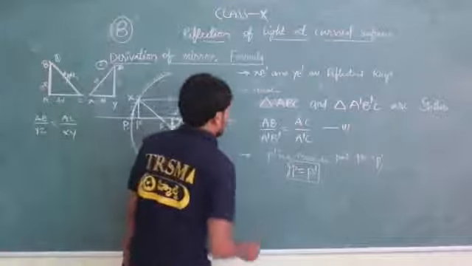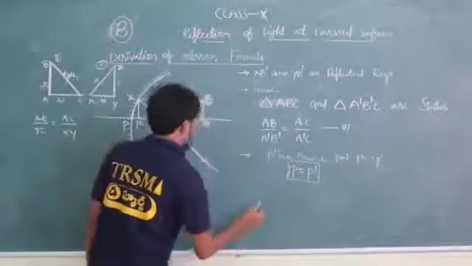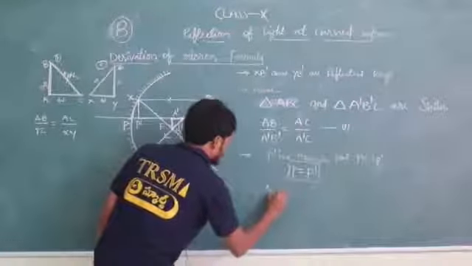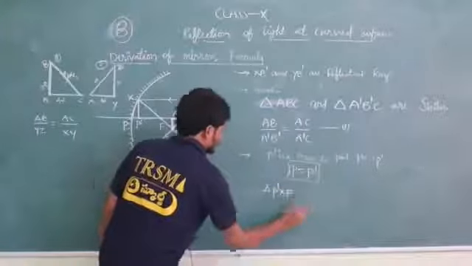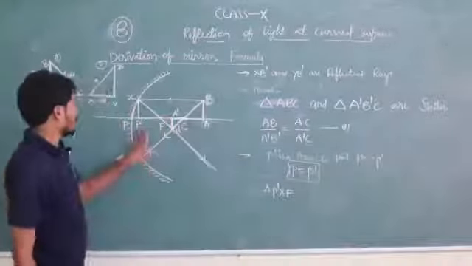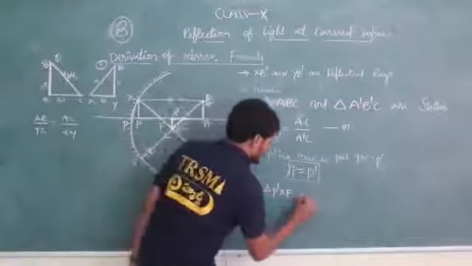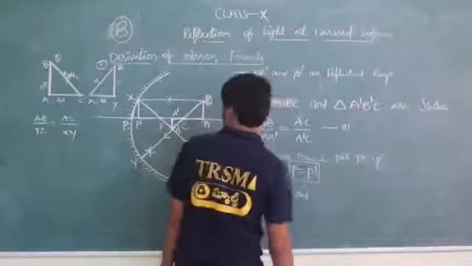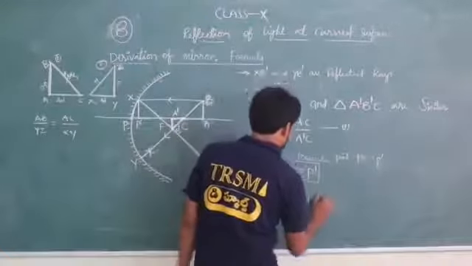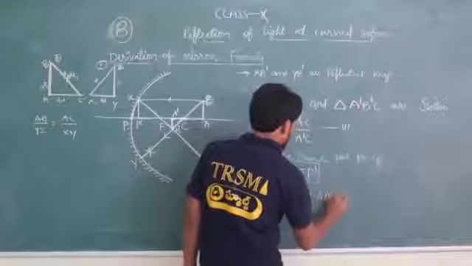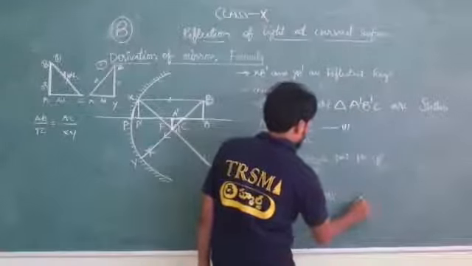So I am considering two more triangles: triangle P dash XF and triangle A dash B dash C are similar.